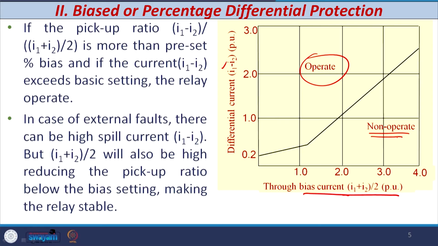When the differential or spill current flows through the relay because of the two reasons, then because of the increase in the restraining current, that point will fall down somewhere here. So it is always in the blocking region, or non-operating region. So the relay does not operate and the maloperation of the relay can be avoided.